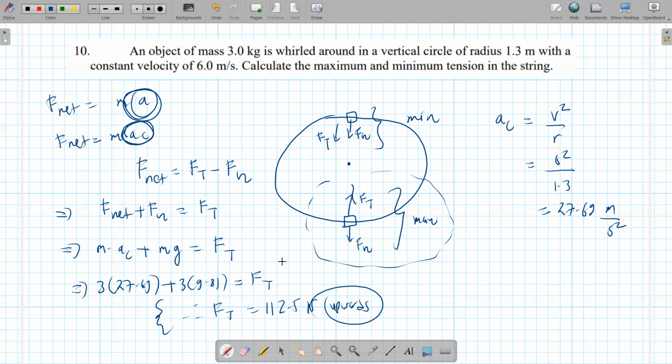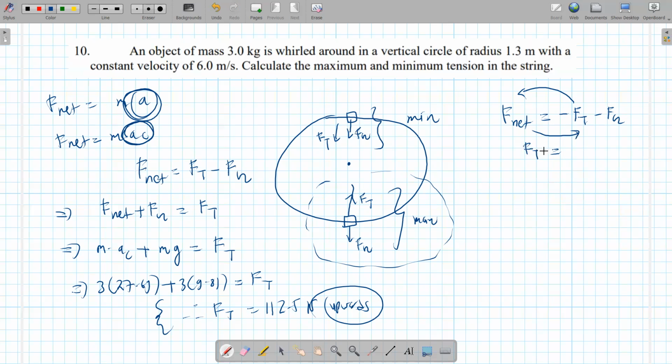Now let's do it for the top part. Again, A we know is 27.69, so I'm going to erase this. Tell me from the free body diagram, what is the F net at the top? They're both minus, right? They're both going down. So I'm going to move FT here and F net there, so it'll be positive.